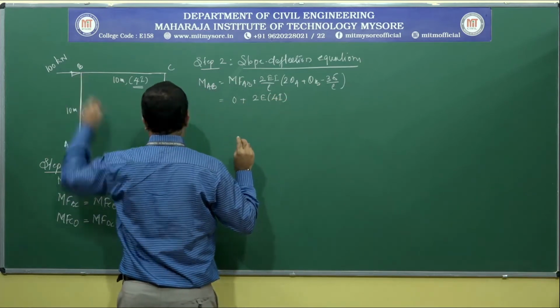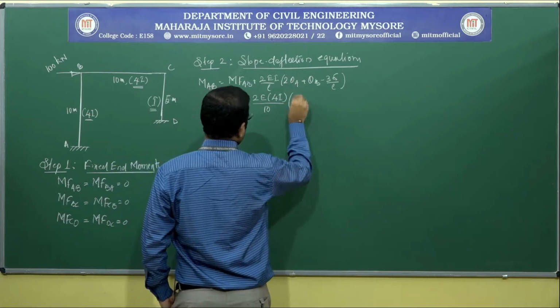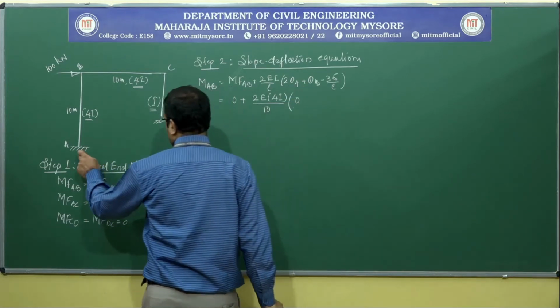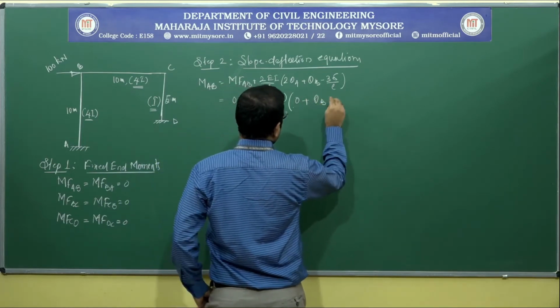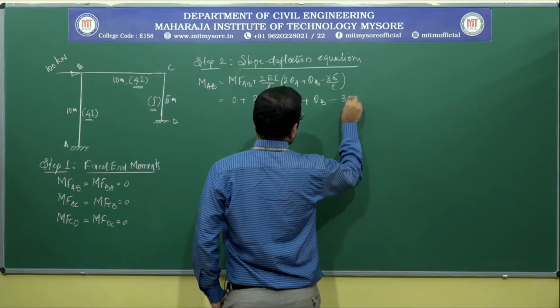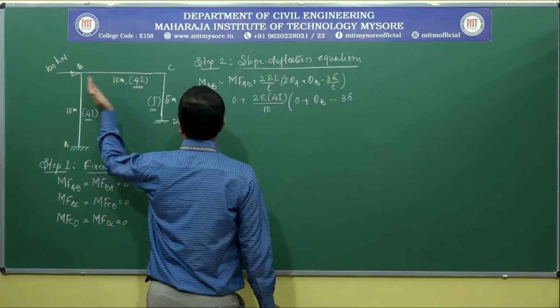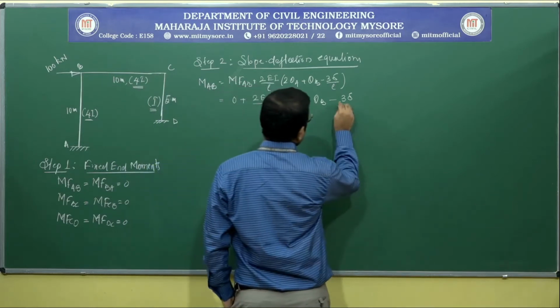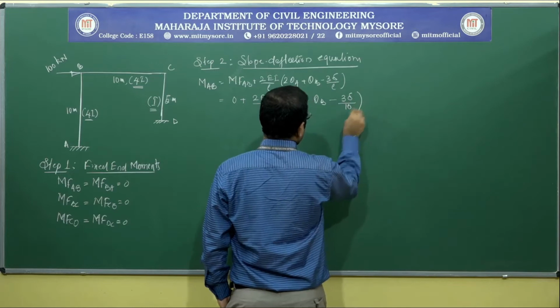divided by L for AB, it is 10 meter, into theta A, which remains 0 as the support A is fixed, plus theta B, we need to determine, minus 3 delta, we need to consider in the calculation as the entire frame is undergoing the sway, divided by L is 10, right.